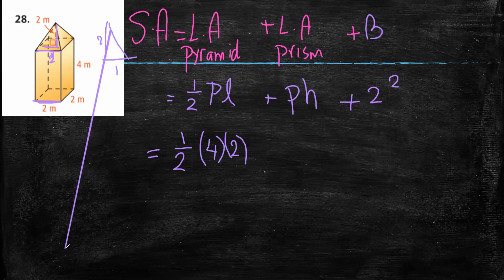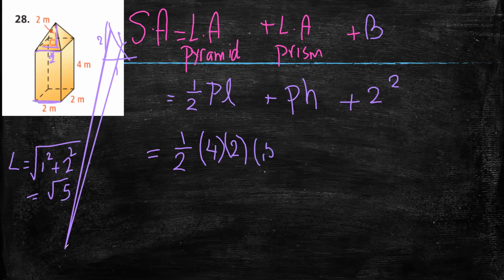So here is 1, here is 2. Can I find now the slant height L? It is 1 squared plus 2 squared. So L here is 1 squared plus 2 squared, which is square root of 5. So the slant height here now is square root of 5.